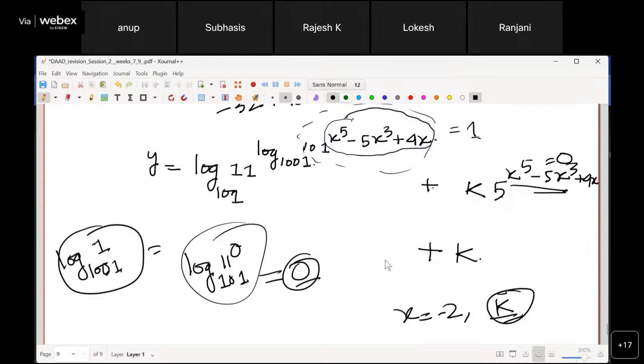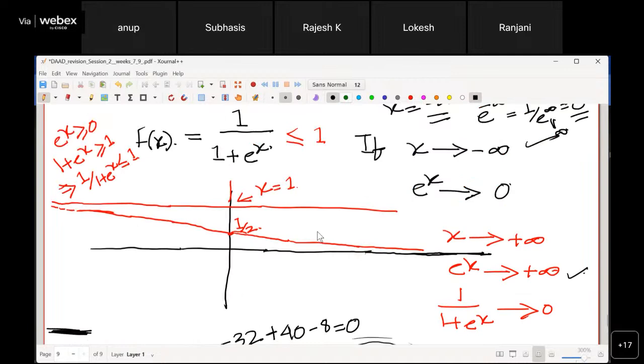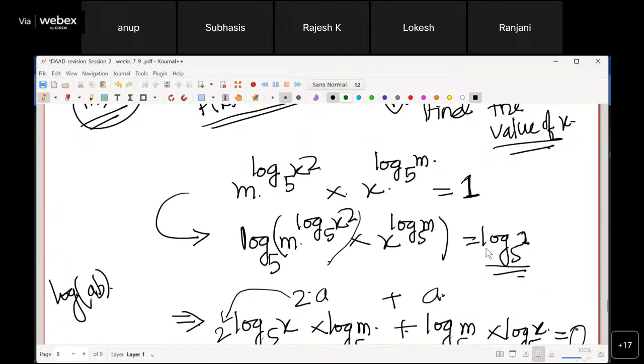Subhashish, one more thing: for the questions you are solving with us, is the level of the exam more difficult than what you're teaching, easier, or the same level? Most of the questions are more or less of the same level, and some are slightly more difficult. But most likely you won't get questions easier than the level of the questions I have discussed.